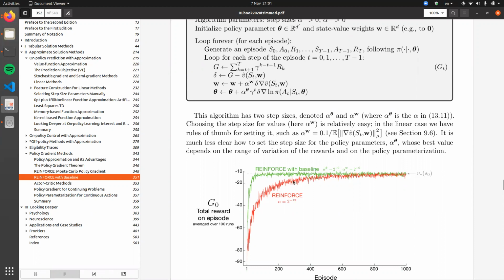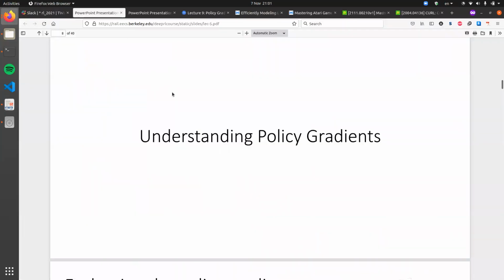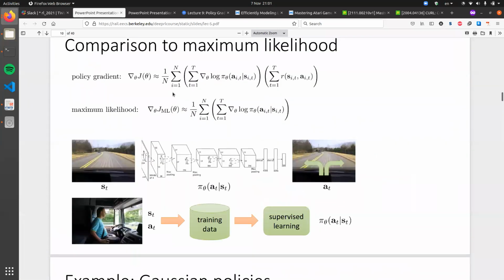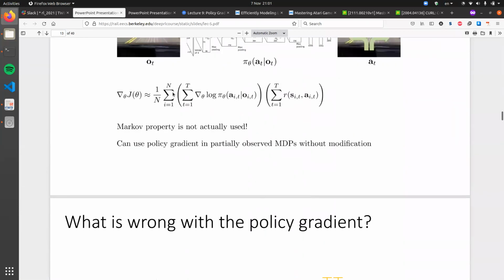By doing so, we can improve the convergence of our learning algorithm, but also note that this is not an optimal baseline, and the optimal baseline, let me quickly get to that.